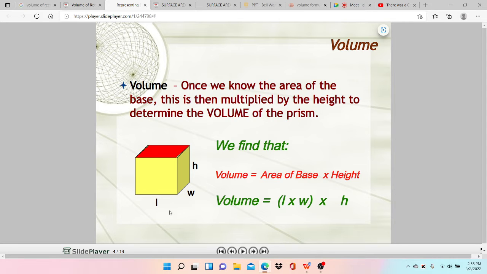Okay, so we have another formula aside from V is equal to length times width times height. We can get the area of the base first. How? You're going to multiply length times width. That would be the base of the shape. Length times width, that is the base. Then after that, you times it into its height.